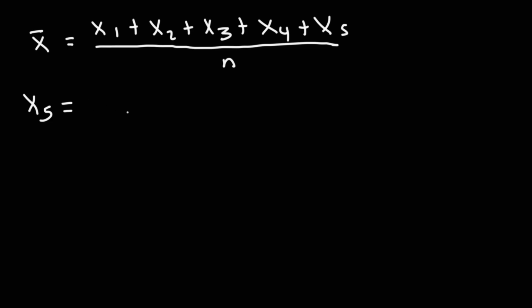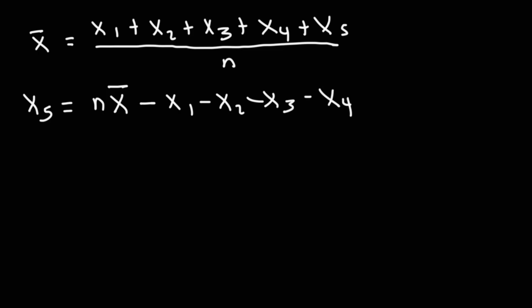So the score you need on the 5th exam is going to be equal to the number of exams, which n is going to be that subscript 5, times the average test score that you want to get, minus the value of the first 4 test scores.